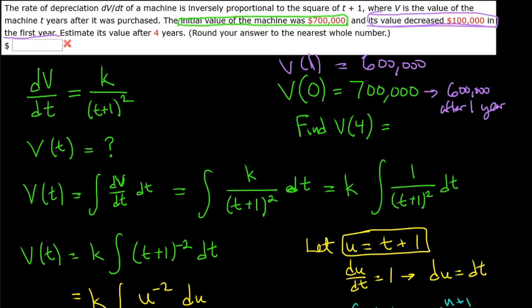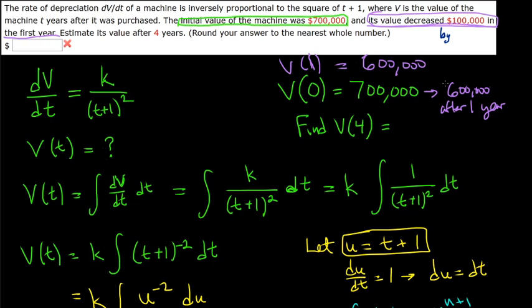Now, I can see some of you might be thinking, wait a minute, if it decreased 100,000, isn't it worth 100,000? It doesn't say it decreased to 100,000. I know this is a little bit ambiguous here. I read this as it decreased by $100,000. That means the amount of decrease is 100,000.